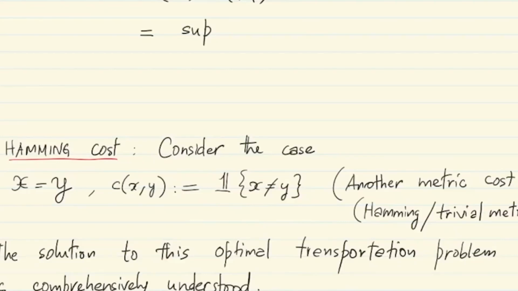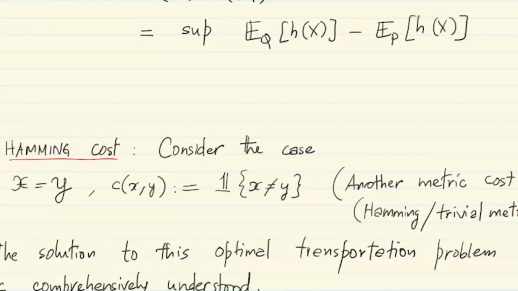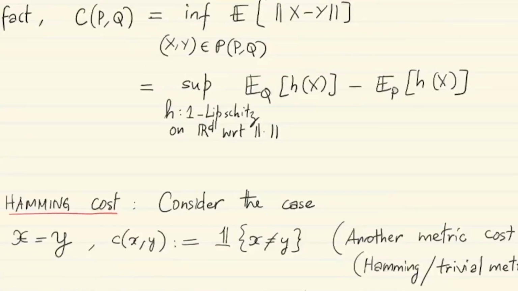It's the supremum of E_Q h(x) minus E_P h(x) over all functions h that are one-Lipschitz continuous on Rd with respect to the norm, whatever norm you take. So in fact this is what is called Kantorovich duality or Kantorovich-Rubinstein duality.